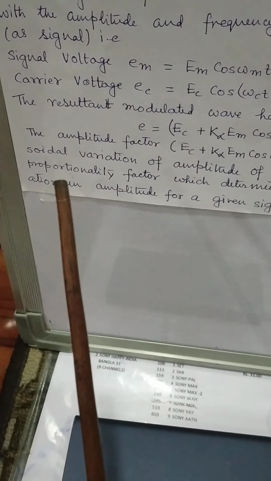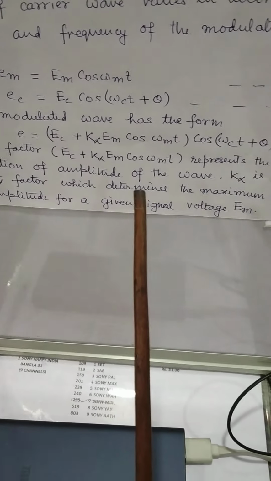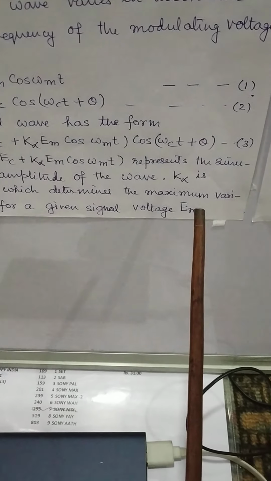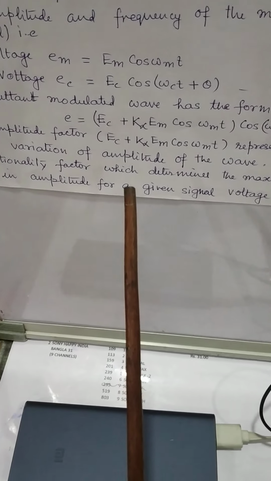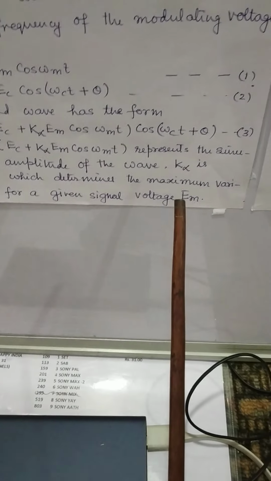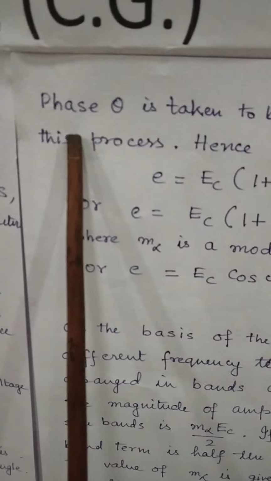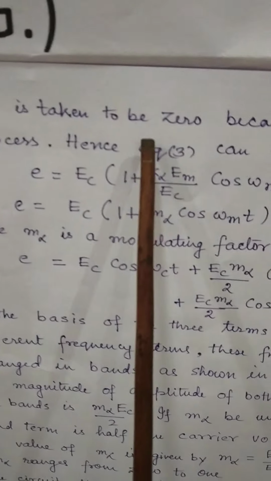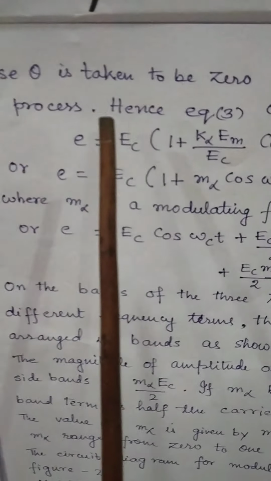K_α is a proportionality factor which determines the maximum variation in the amplitude for a given signal voltage E_m. Phase θ is taken to be 0 because it plays no part in this process.